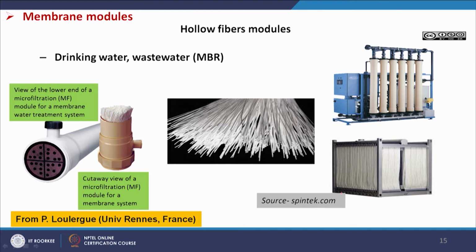You see here these are the hollow fibers, and a number of fibers are taken here. Water may go from the outside and then from the inner side we will be getting the permeate, the treated water. This type of module is available for different applications, for the production of drinking water and treatment of wastewater as well.